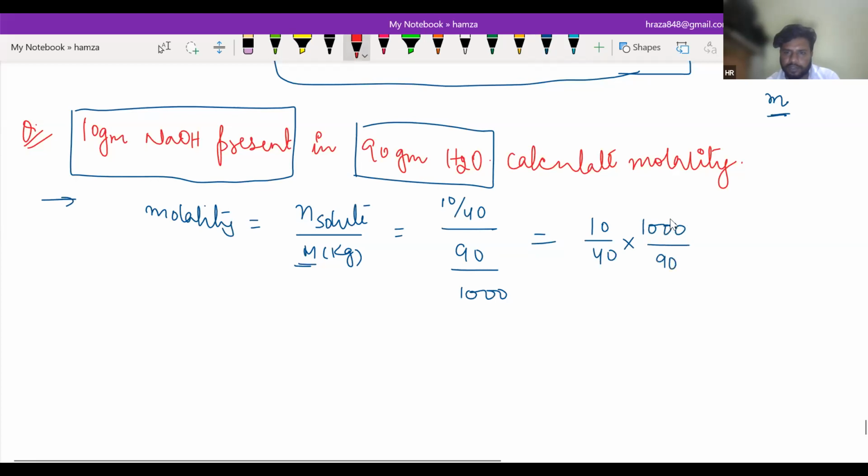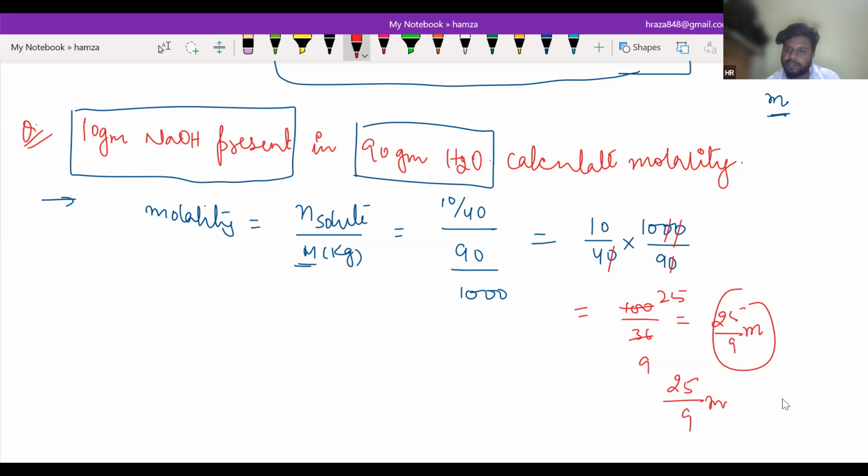Again, these zeros will be cancelled, and you can easily calculate it. 100 upon 36, or 4 9s are 36, 4 25s are 100. So it will be 25 by 9 small m, or we can also write 25 by 9 moles per kg. Are you getting my point? This is the molality.